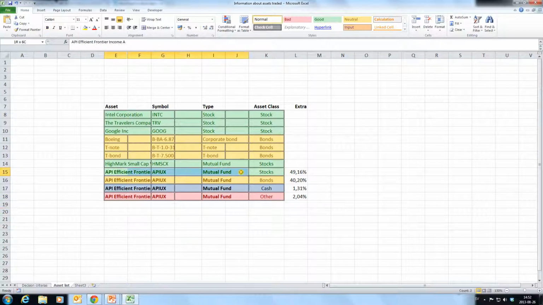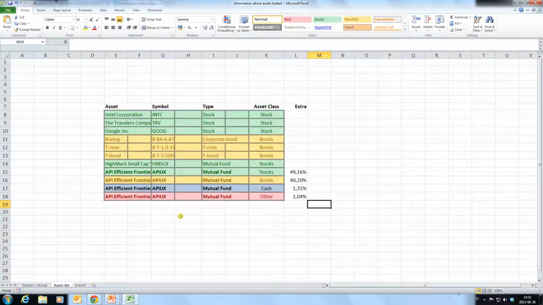So we have one part of this fund that is stocks, and I've written down that the part of this fund that is stocks is 49.16%, the part that is bonds is 40.2%, the part that is cash is 1.31%, and the part that is something else is 2.04%. And I need this information later on when I'm going to make an asset allocation pie.